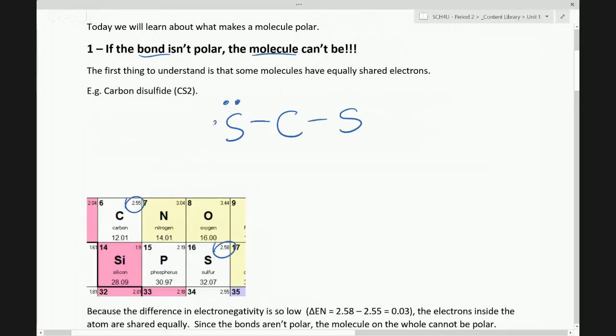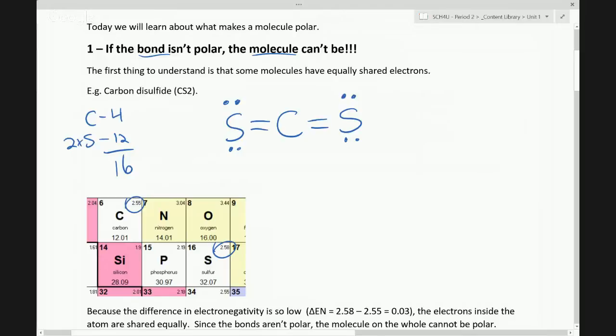We would fill the surrounding octets. And we would count electrons, knowing that carbon should give us 4, and sulfur should give us 6 each, for a total of 12, for a total of 16. And if we look here, we'd go 2, 4, 6, 8, 10, 12, 14, 16. So we would see that we have to apply double bonds.